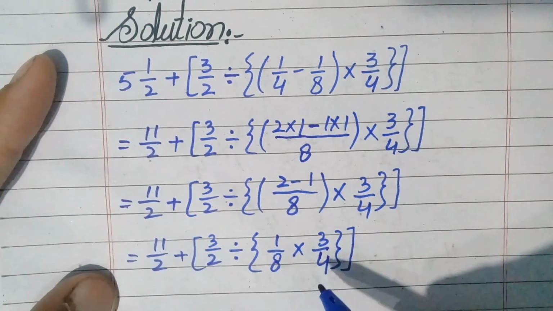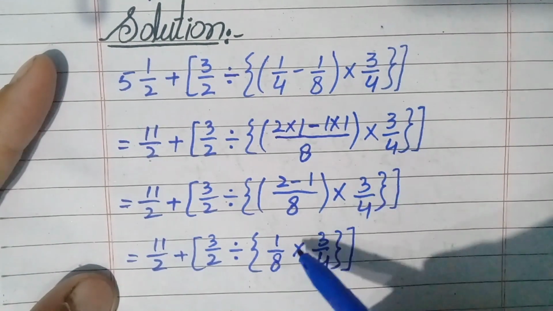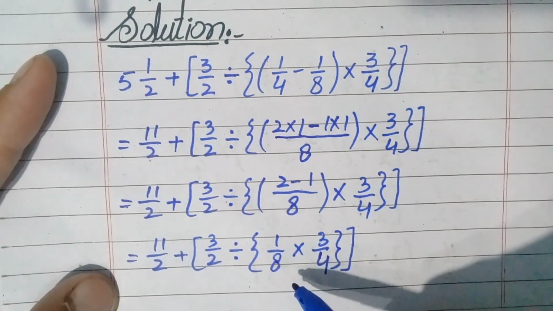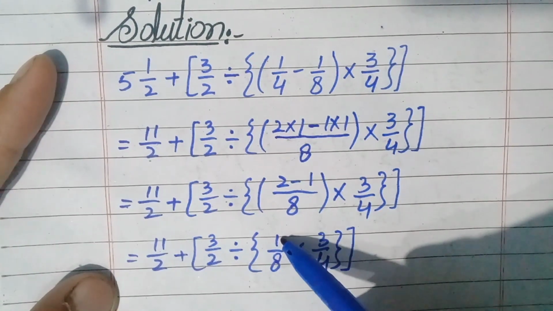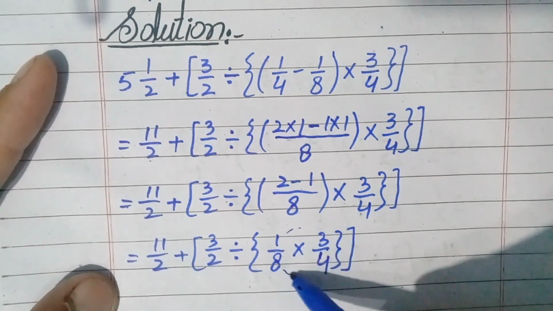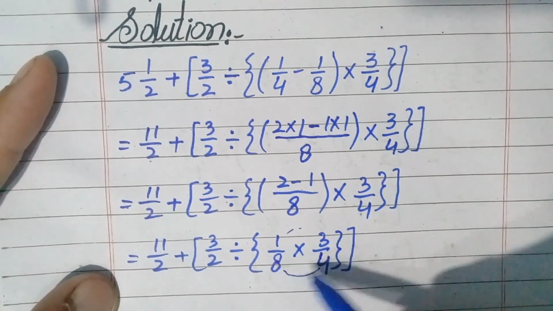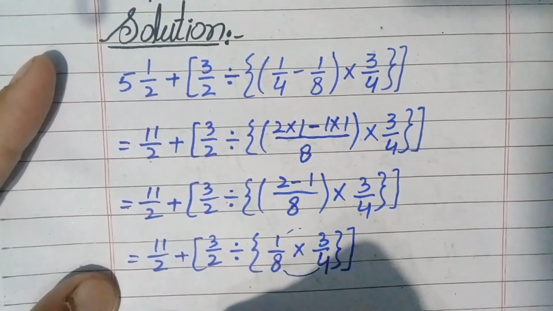So what is inside the braces? Inside the braces is the multiplication of these two fractions. You know that in the multiplication of two fractions we multiply the numerator with the numerator and the denominator with the denominator. So in this step we will multiply these numbers.